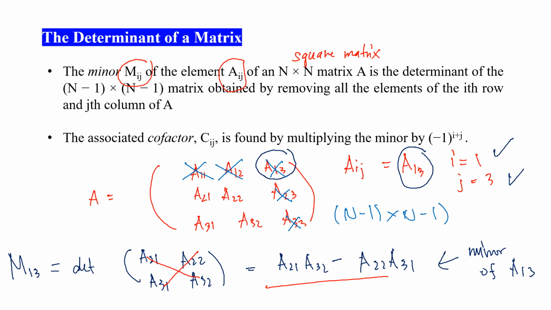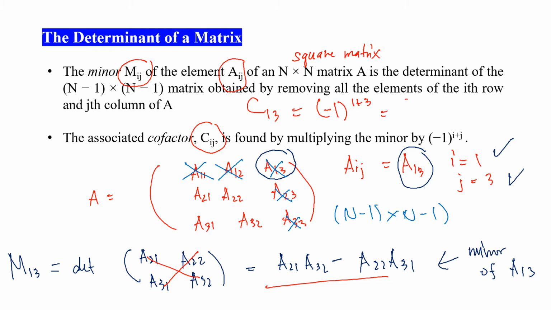And the associated cofactor, which is your Cij, is found by multiplying the minor by -1 raised to the i plus j. For this case, since your i is equal to 1 and your j is equal to 3, your cofactor is -1 raised to 1 plus 3, or that's 4.